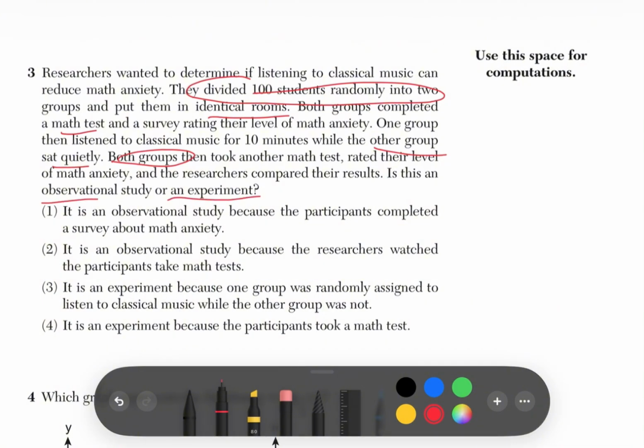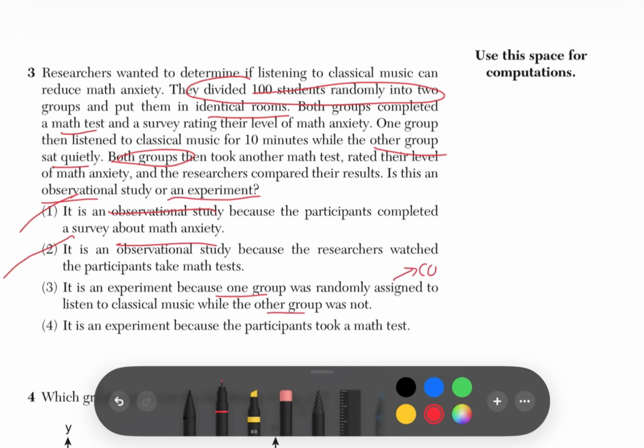Well, an observational study focuses more on observation. So we're actually looking at a certain subject. We're not actually directly involved with what they do. So it can't be an observational study because this is directly affecting 2 groups. We're testing their results. So it's not observational. Now we have options 3 and 4. Option 3 says it is an experiment because one group was randomly assigned to listen to classical music while the other group was not.